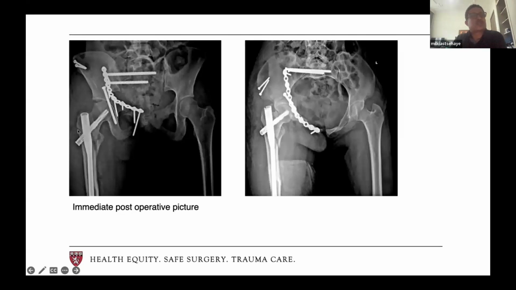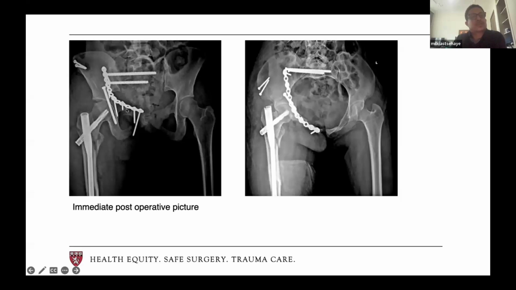After we addressed those fractures, we disassembled the traction table and put her on another OR table, and then we went for the acetabulum fracture. We used an ilioinguinal approach, and then the modified Stoppa approach.